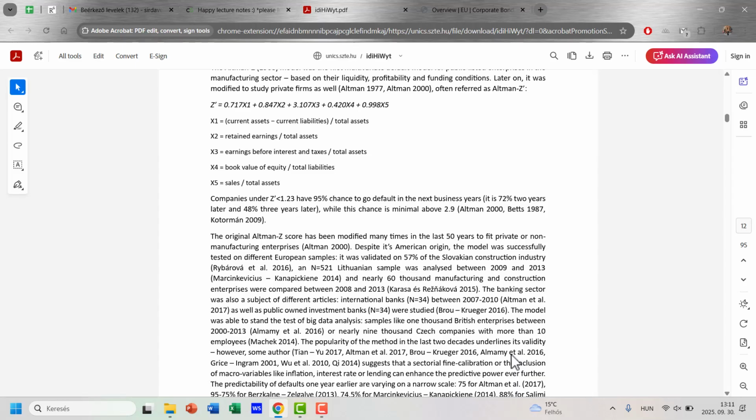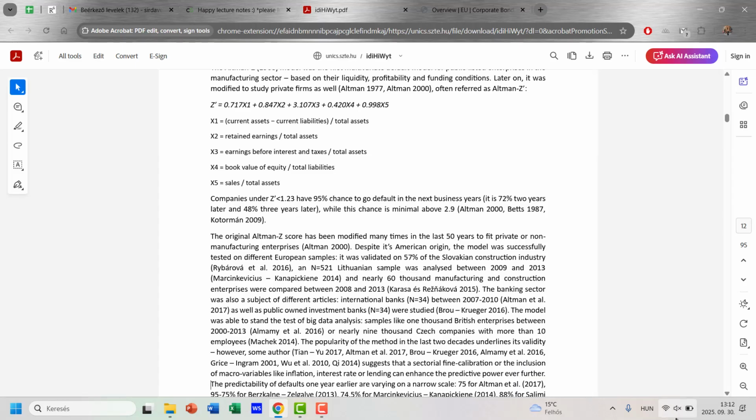What I don't like is the book value of equity, because it can be completely misleading. We can see that equity to liability is the leverage ratio, so we can see how much debt we are using, but this one ignores interest payments completely.